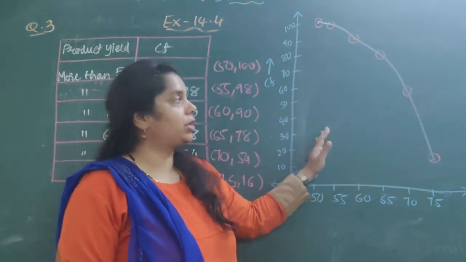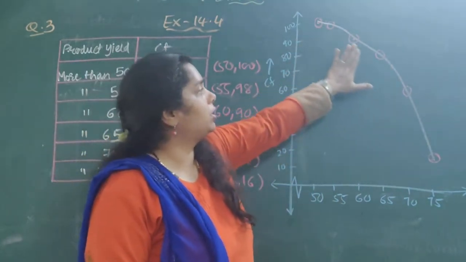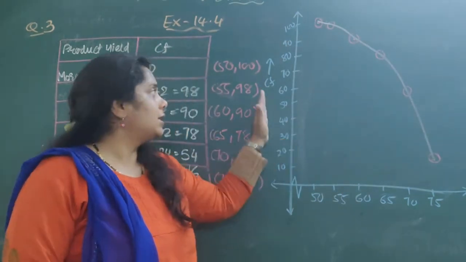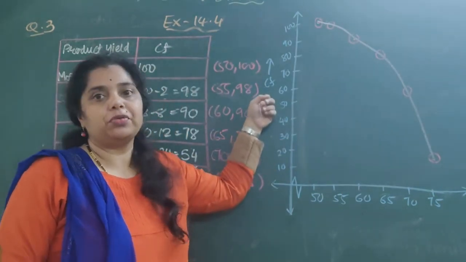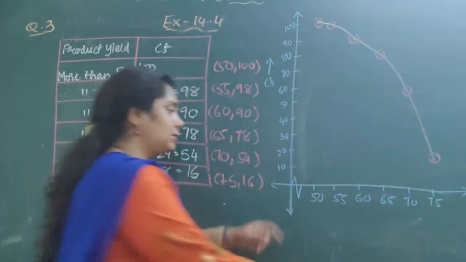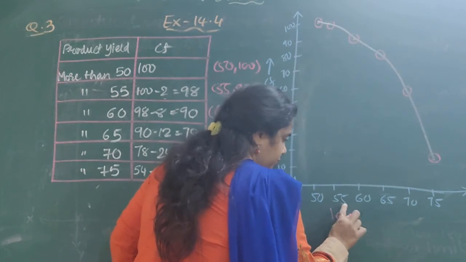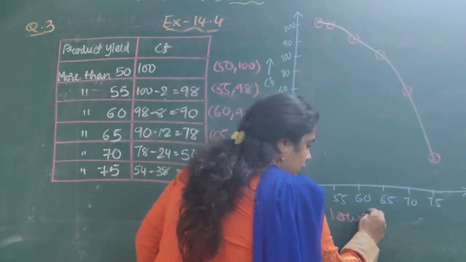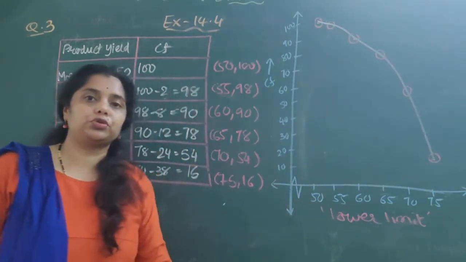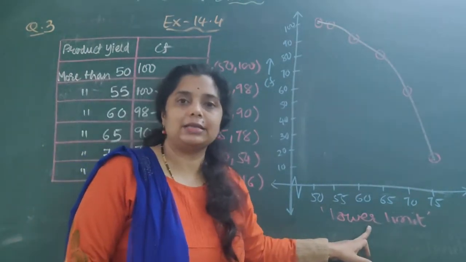I have already plotted the points and joined them to get the curve. As I told you, cumulative frequency we show on the y-axis, and on the x-axis we show the lower limit. For more than type, we show the lower limit on the x-axis.